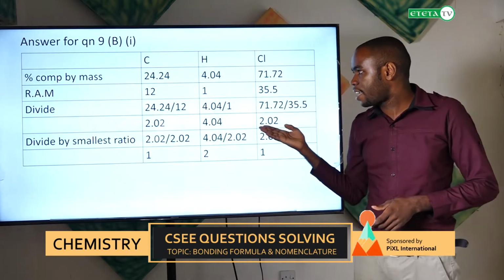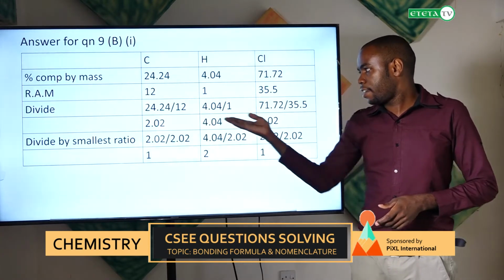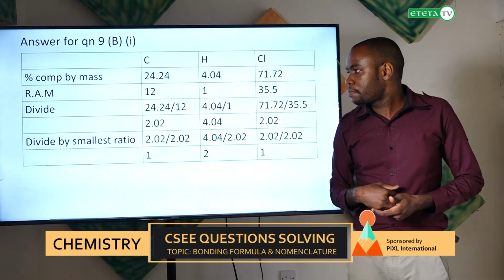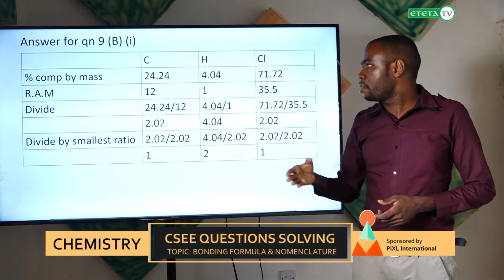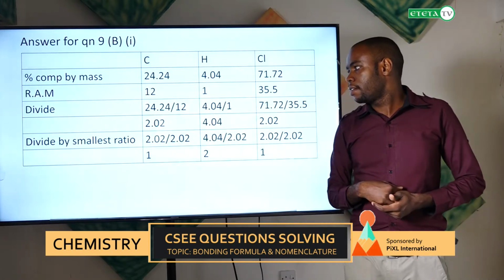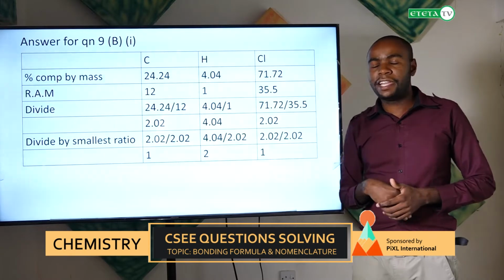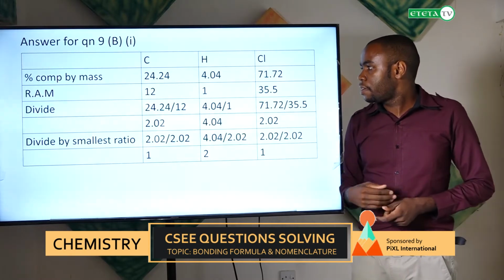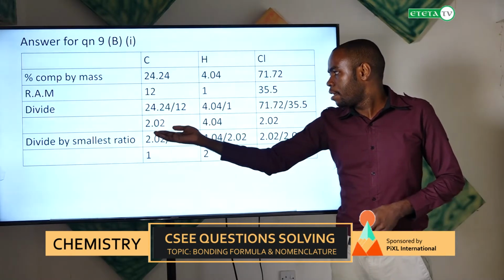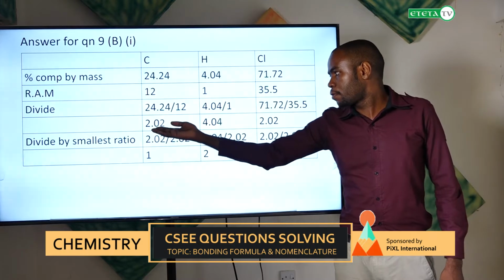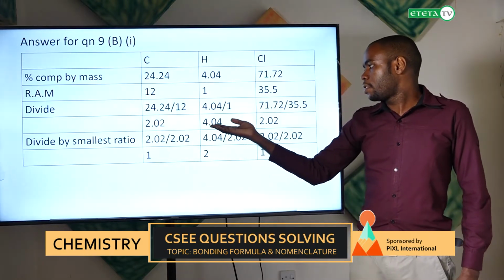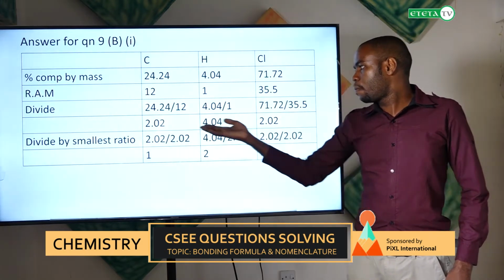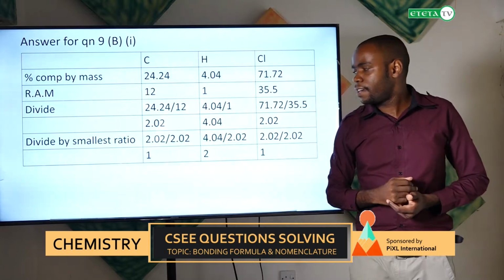After getting this ratio, you take the smallest ratio and divide it into all the elements. Here the smallest ratio is 2.02, because you have 2.02, 4.04, 2.02.